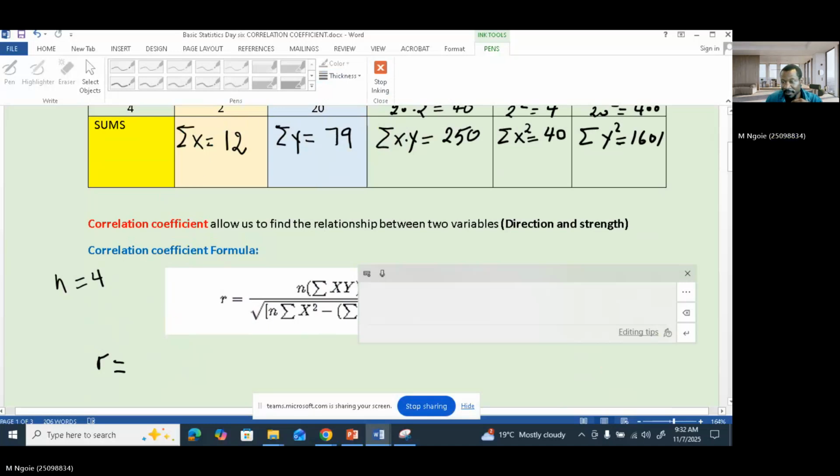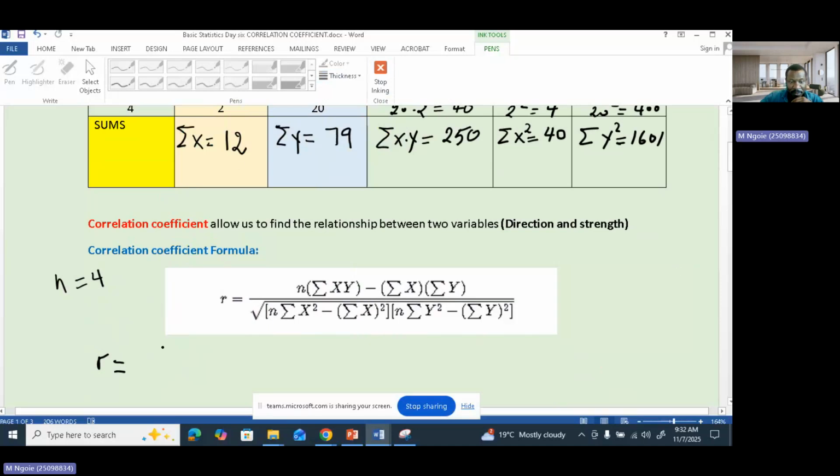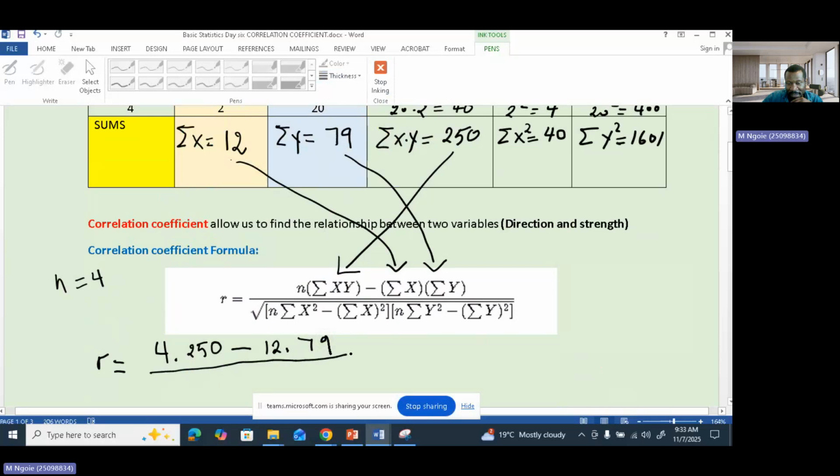So it's going to be 4 times the sum of xy, this value here, which is 250, minus the sum of x, which is 12, times the sum of y, which is 79. Divide by, you see how easy it is.